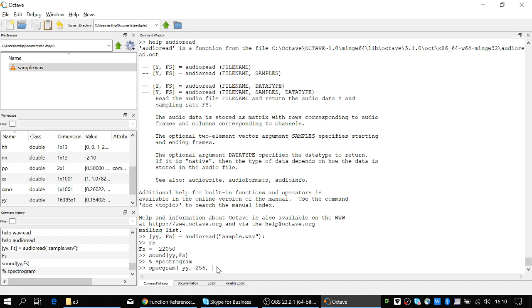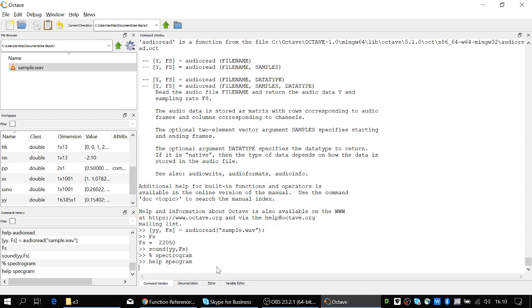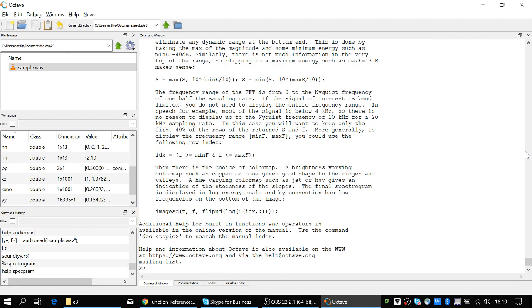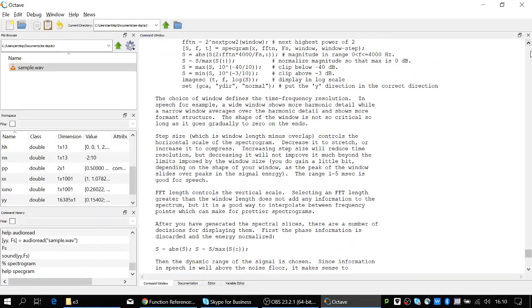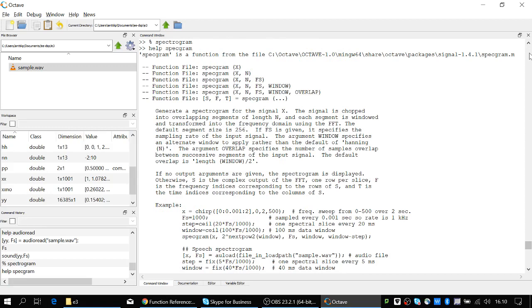Then the next point, let me take the help on spectrogram here. It's easier that way. Don't need to jump from one place to another. NFFT, then window overlap, yes.